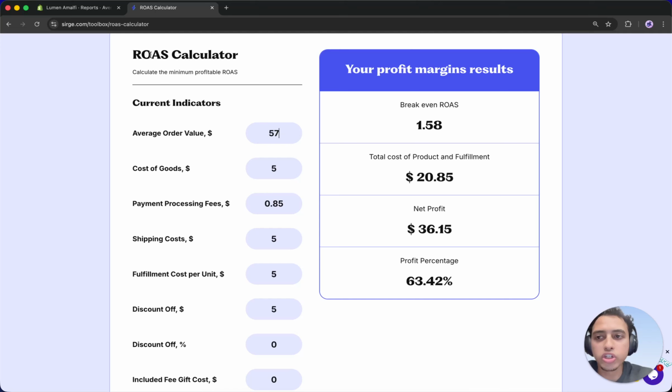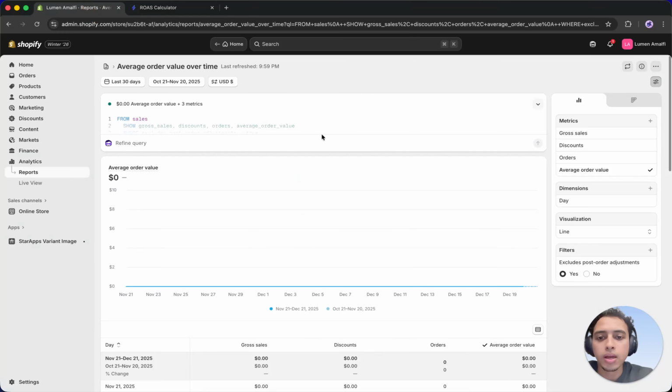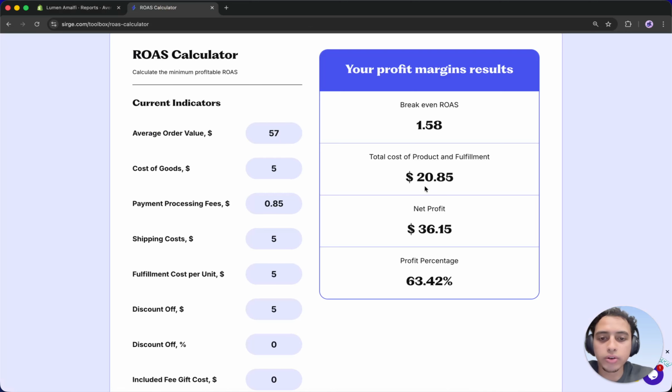All right, so in Shopify, I'm inside a demo account. The average order value that it puts in here is going to be your total from all your product categories. So you don't want that. You want the average order value for each individual product category. So let's say for your sweaters, how do you calculate your average order value?